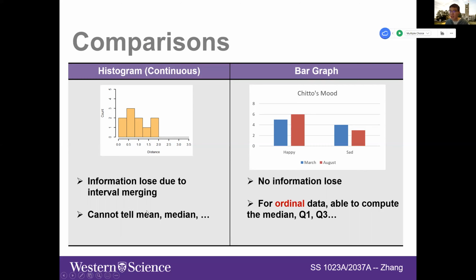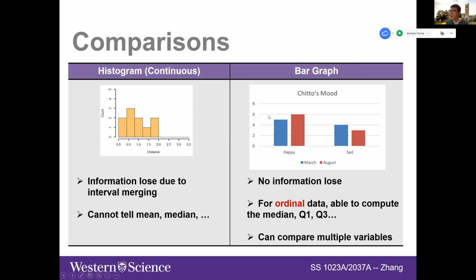For the histogram, we cannot tell the mean or median. But for the bar graph, if it is ordinal data, we can compute the median and Q1 or Q3. There's another type, nominal data, for which it does not make sense to talk about median and Q1, Q3. Happy and sad is apparently nominal data, so what's the median of it? It does not make sense to describe that.